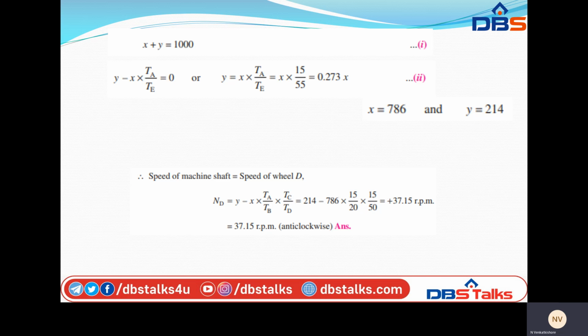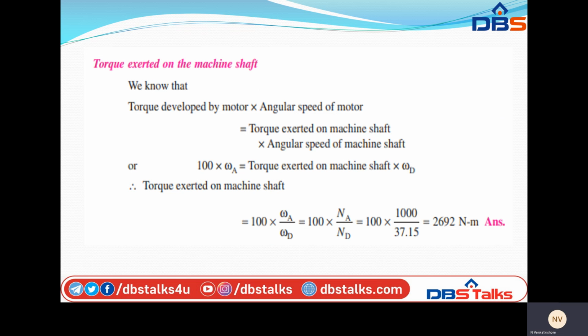Finally, what is the torque exerted on the machine shaft? Torque is nothing but the torque developed by the motor into the angular speed of the motor. Angular speed means omega.